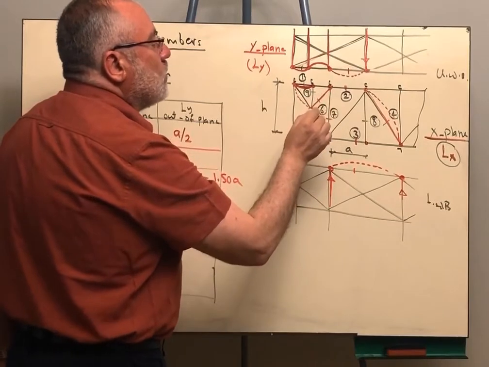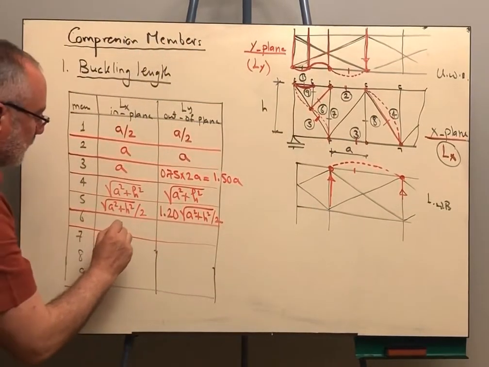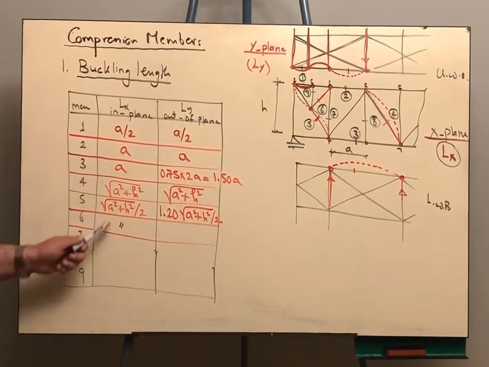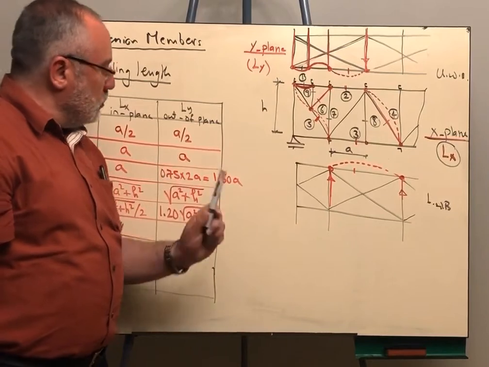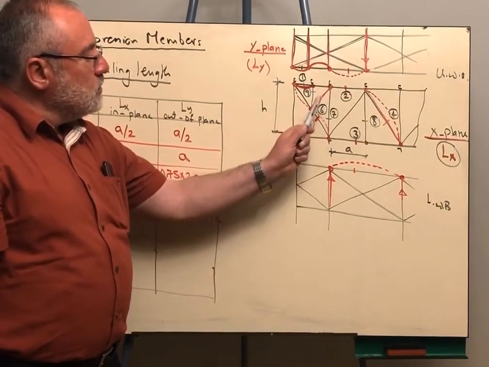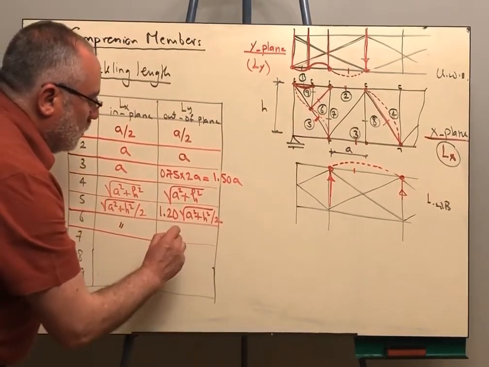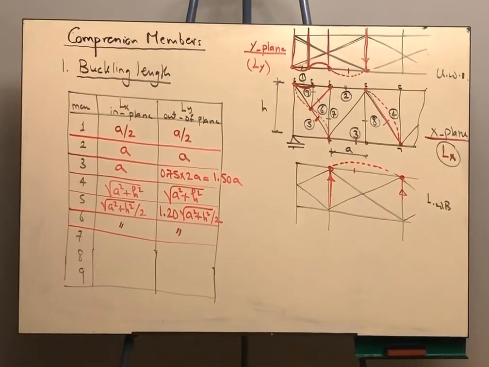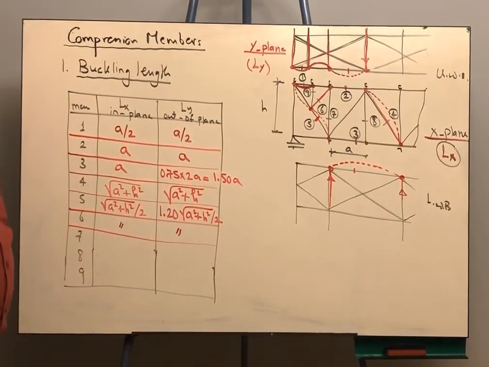I will take 1.2 of that length. It will be identical to member 5 exactly. The in plane buckling length will be root a square plus h square over 2, and for the out of plane, this point is braced and this point is unbraced, so I will take 1.2 of the length root a square plus h square over 2.